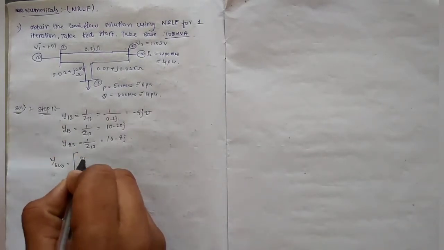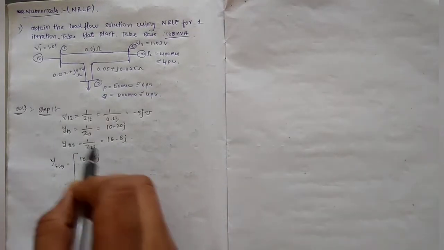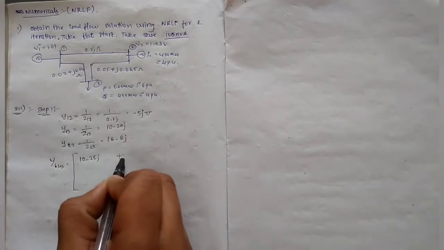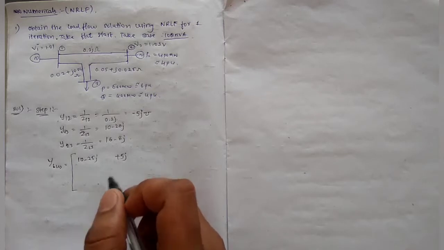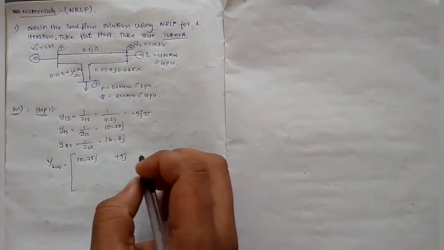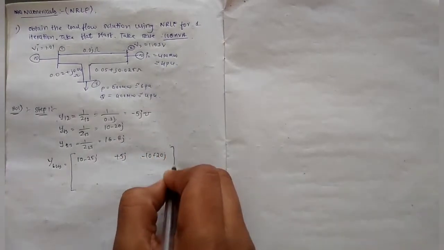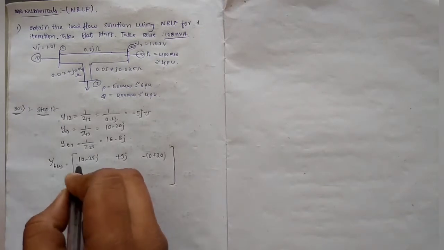We will get 10 minus 25j, and y12 we have the value, y12 value is minus 5j and minus of this value, that is plus 5j. For this Y bus calculation, you can refer to my Y bus calculation video, in the video description. And this is 10 plus 20j. By writing these Y bus, this is 5j.